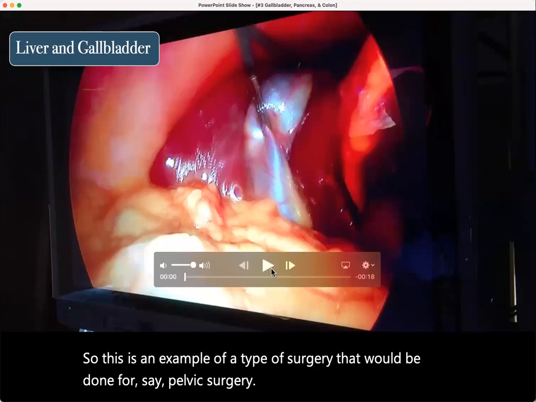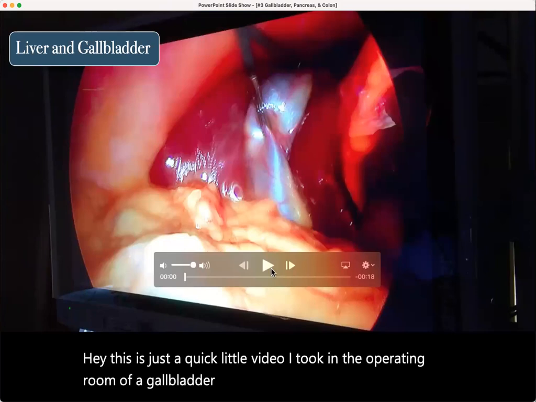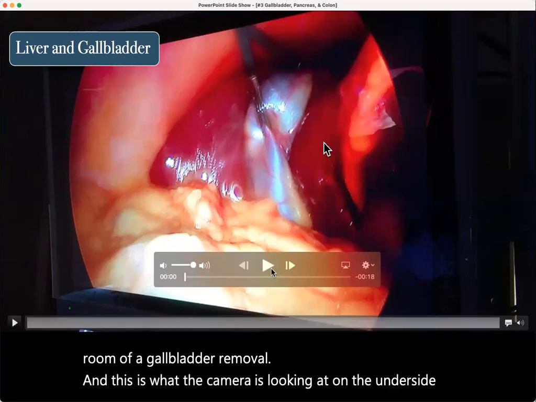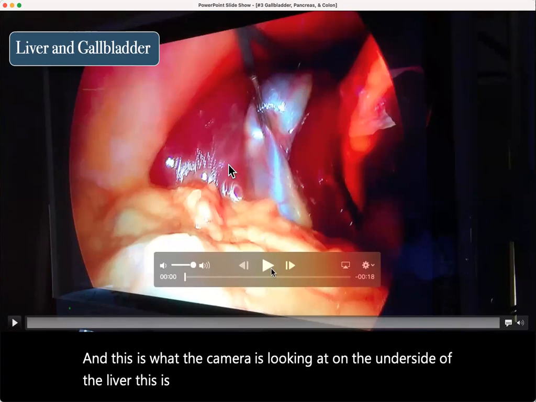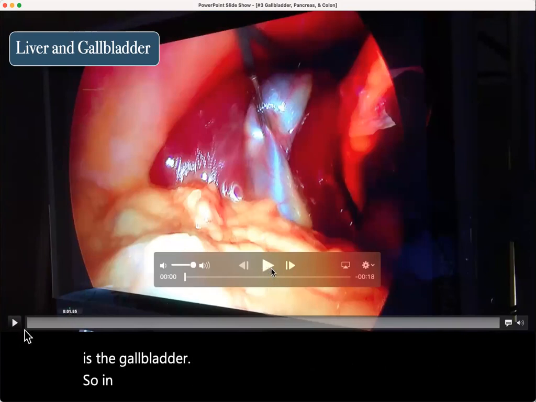This is just a quick little video I took in the operating room of a gallbladder removal. And this is what the camera's looking at on the underside of the liver. This is the liver, and this bright, shiny structure here is the gallbladder. So it, in fact, is not green.